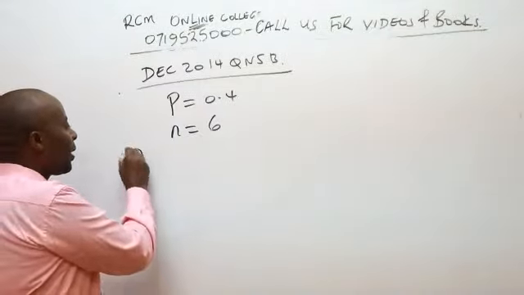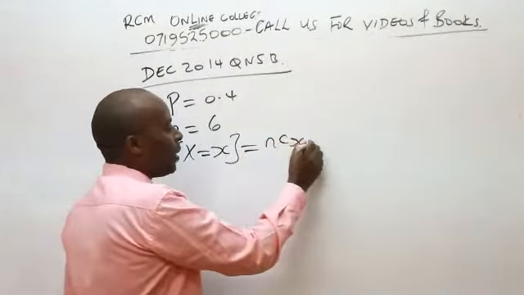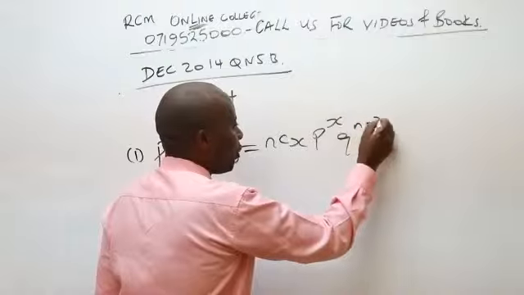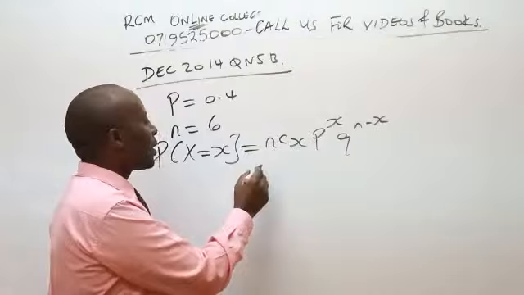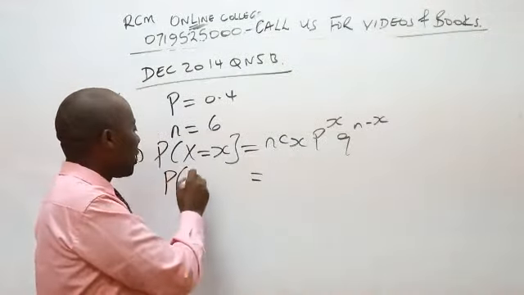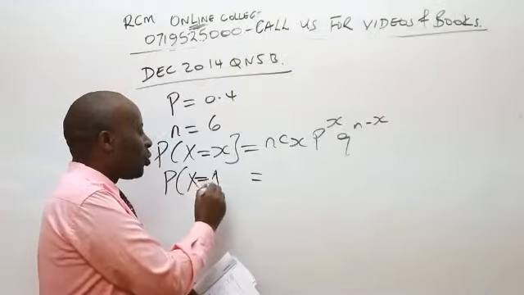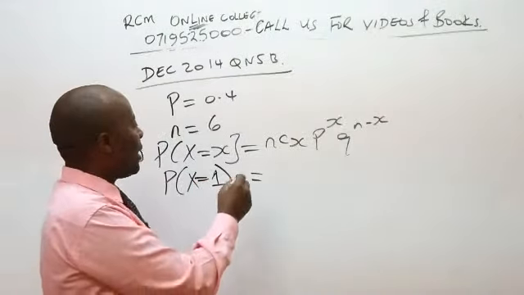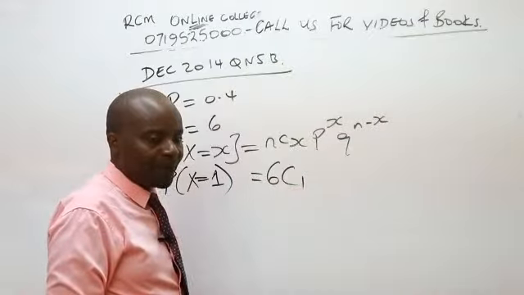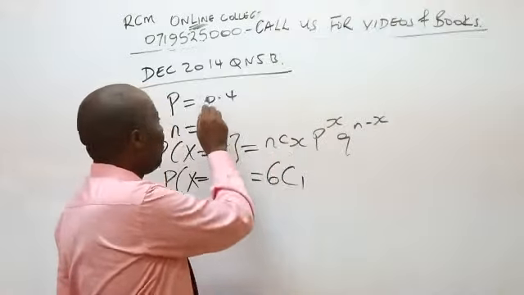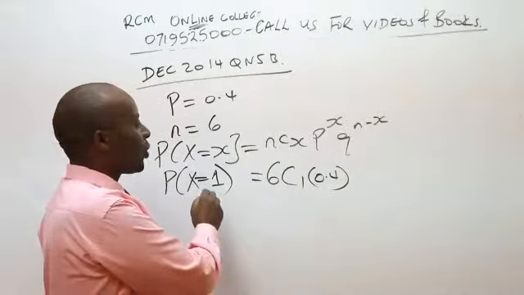The binomial model: probability of X being equal to x is n combinations x, p raised to x, q raised to n minus x. They want us to give the probability of X being exactly equal to 1. So our n is 6, 6 combinations 1, times P, 0.4 raised to power x, which is 1.